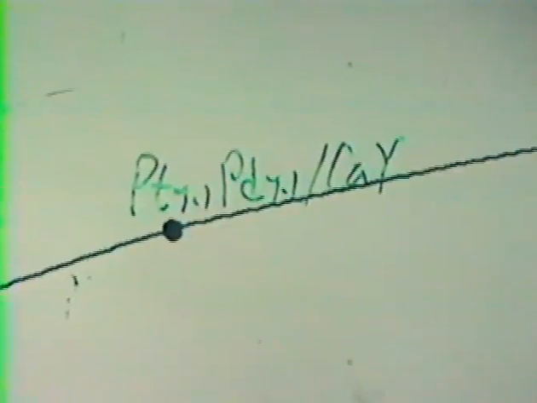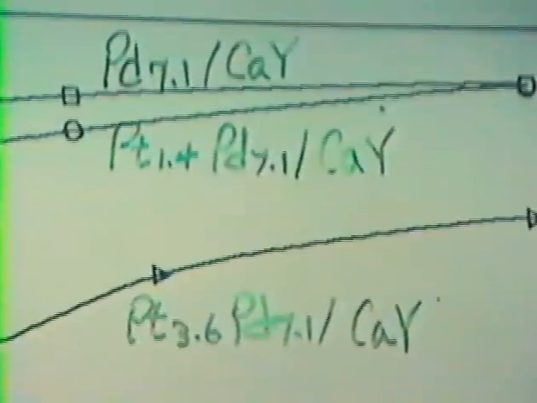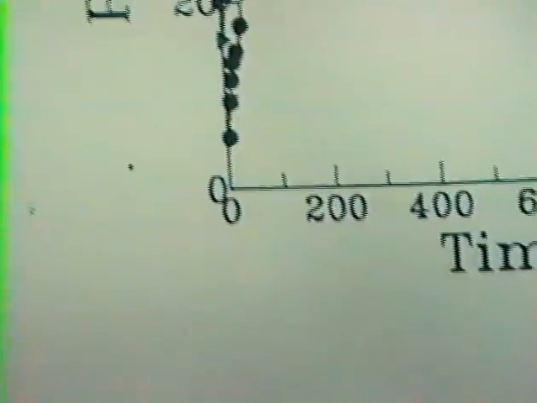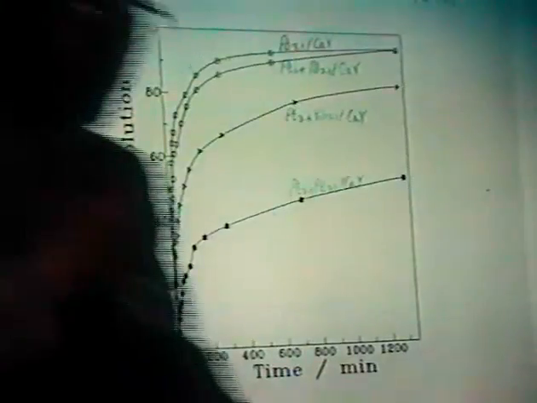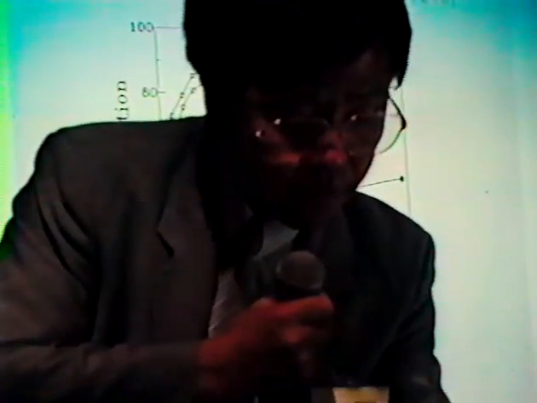Here, the Pd cluster can be dissolved in sodium chloride solution under acidic condition to form PdCl4. But because we have added Pt here, the solubility decreased remarkably. So this is another chemical evidence for the formation of bimetallic cluster, which agrees with the XAFS and the xenon NMR data.